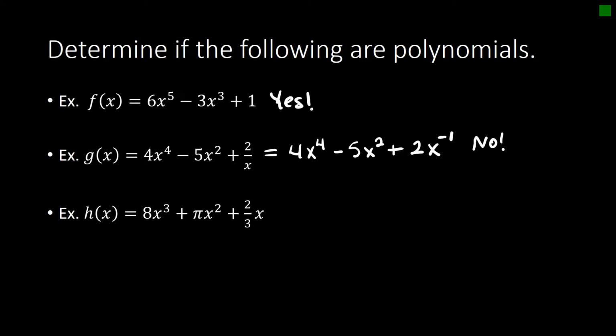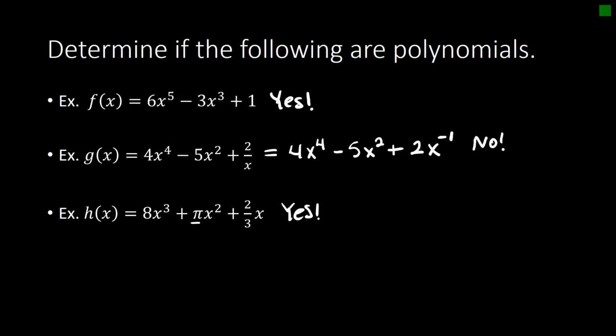The next one we have h of x equals 8x cubed plus pi times x squared plus 2/3 x. Is this a polynomial? We say, yes, it is. Now, pi is not a whole number, but that's okay. Your coefficient can be any real number.